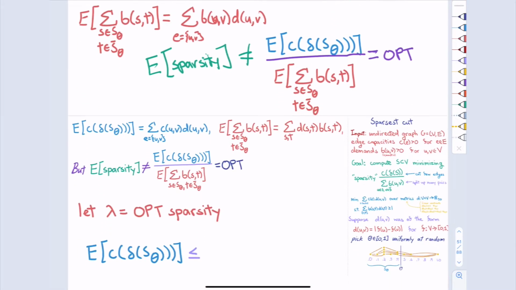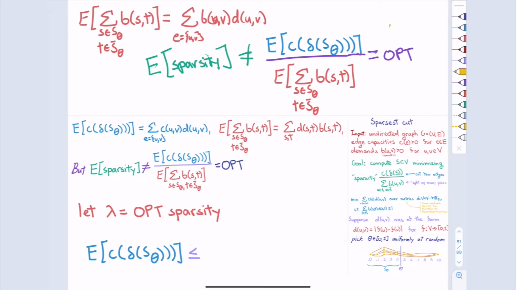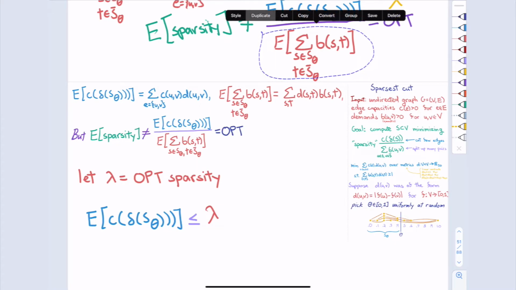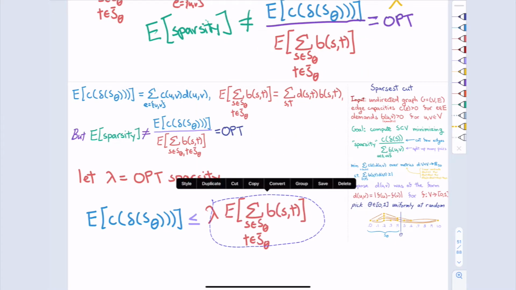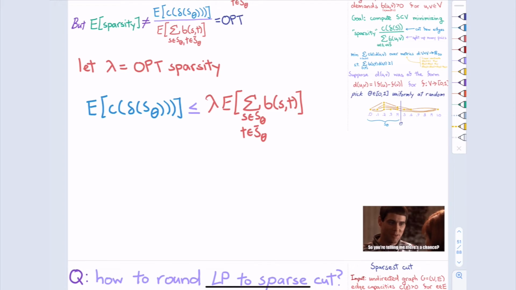Good. All right, so I'm going to let lambda denote the optimal sparsity. What we showed is that this thing, lambda, is at most this. I'm just flattening out the ratio. So what does that tell us?